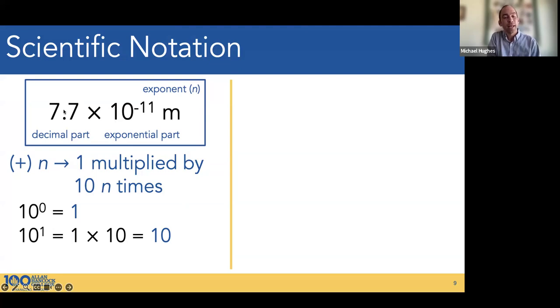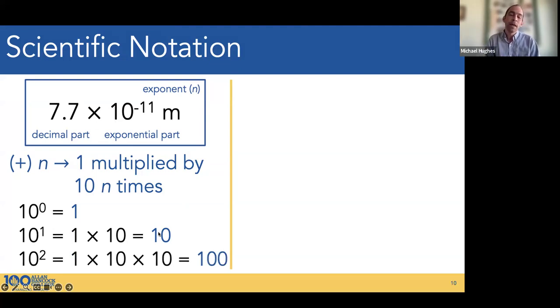So it would be multiplying the decimal part by 10. If the exponent is 2, it would be multiplying 1 times 10 times 10, or multiplying it by 100. 3 would be 1,000, etc., and it would continue in that order, getting exponentially larger as the exponent part gets more positive.